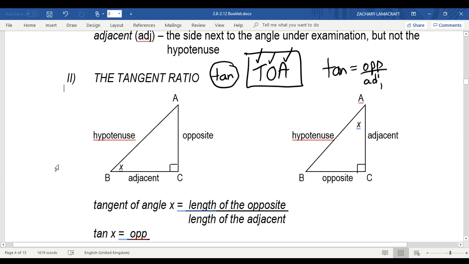If we look at the tangent ratio and we have basically two of the same right angle triangles, we're going to be able to find this angle measure based on knowing the side lengths of the opposite side and the adjacent side.